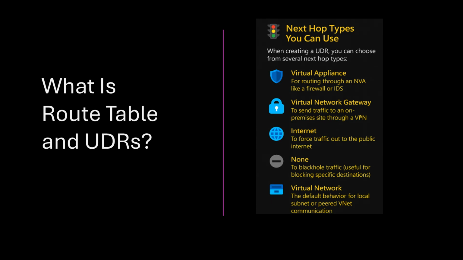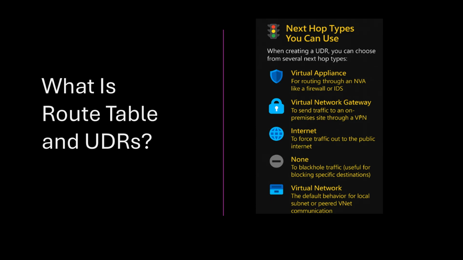But sometimes you need more control, like routing traffic through a firewall, network virtual appliance (NVA), or forcing it to go through a secure inspection point. That's where you attach a custom route table to your subnet and define user-defined routes.